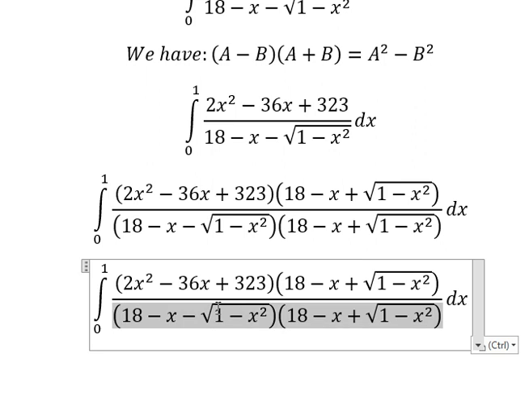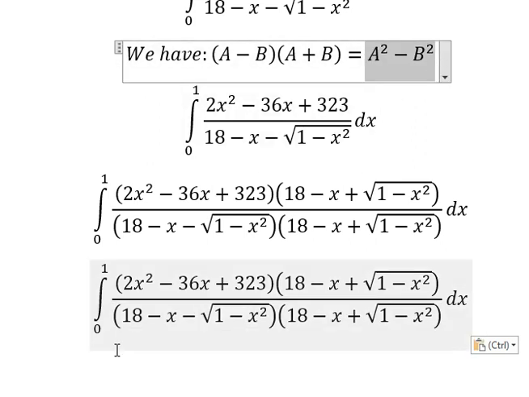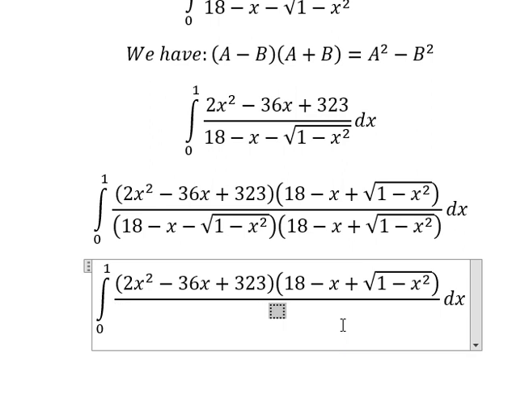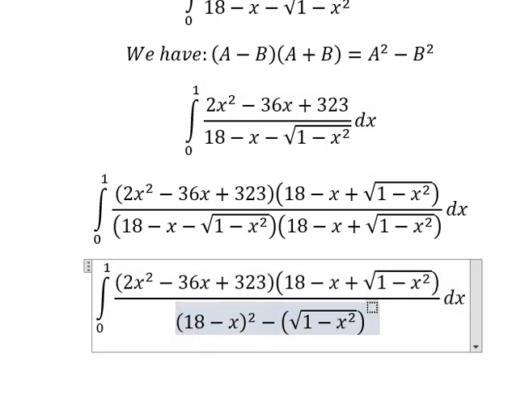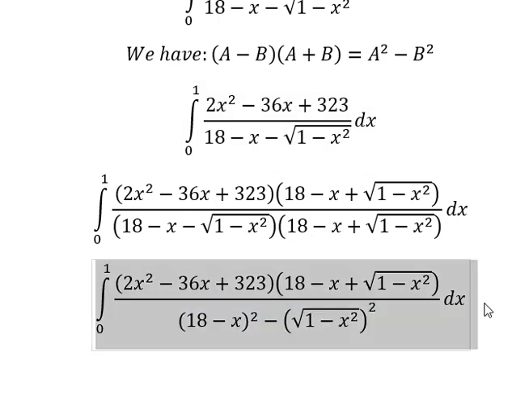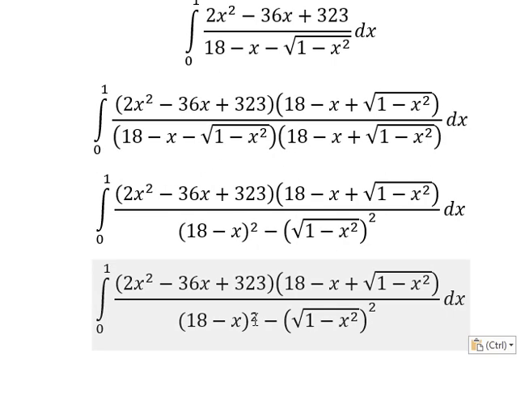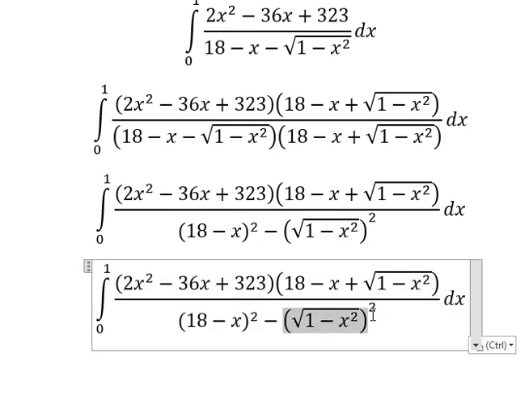So for this one, we can transform into this one. So we need to expand this one and this one.